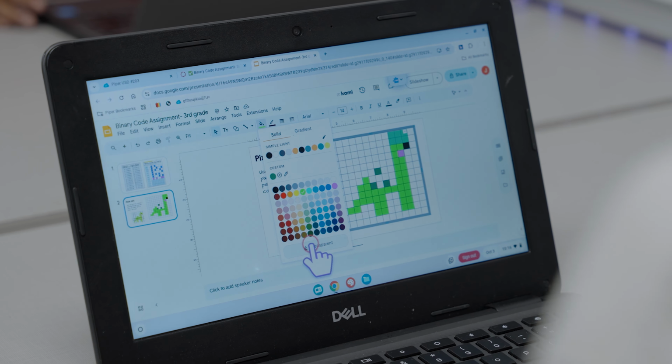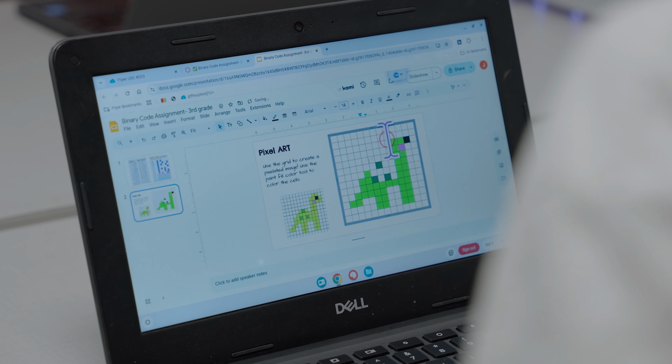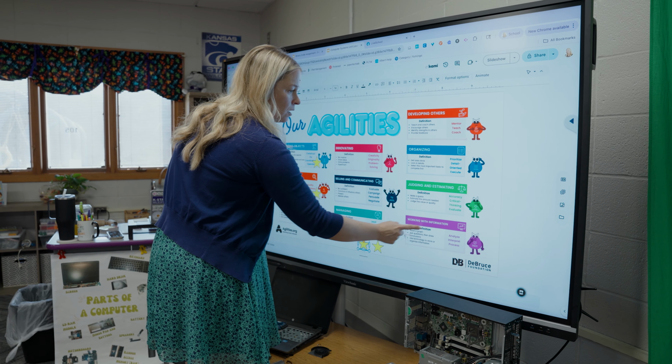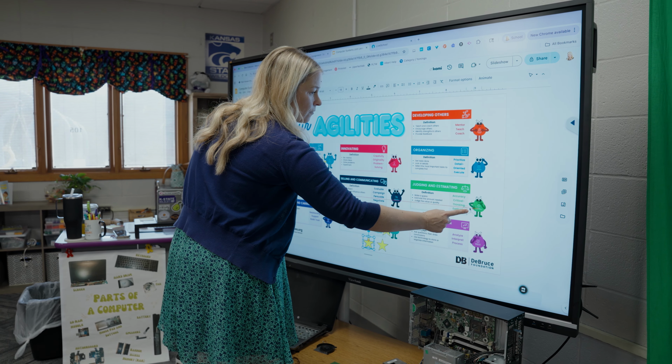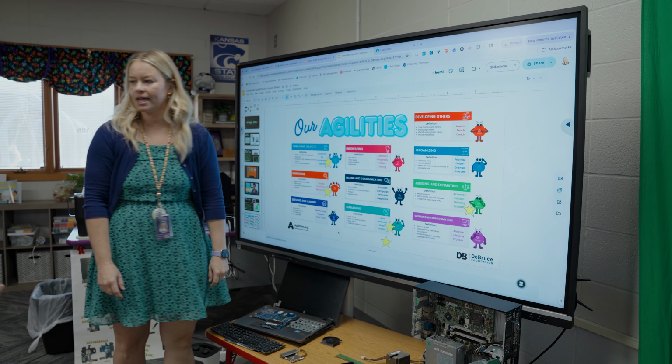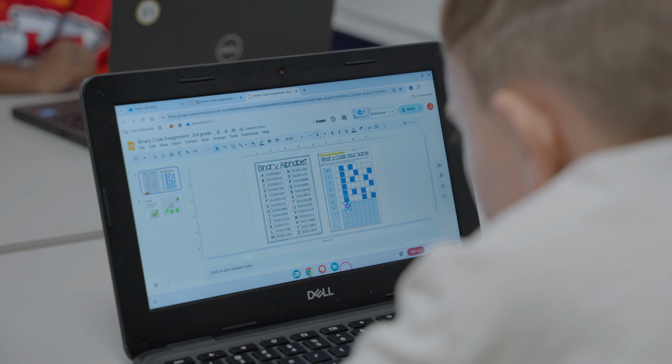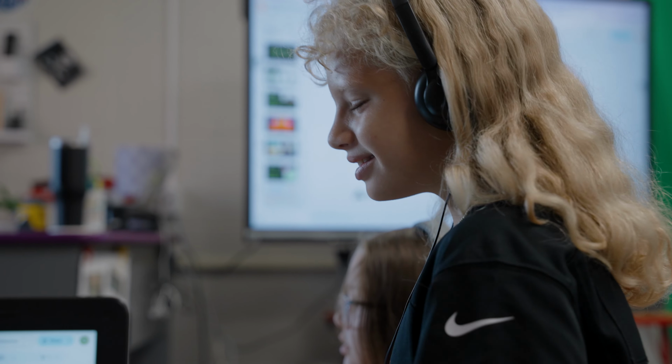And then after the lesson, we came back as a group, we sat and we talked about, were we right, were we not right, what Agilities did we actually use, were there ones that we forgot about. So it was really cool because they got to see how using their Agilities came together just for this one lesson where they had to pinpoint and work out what binary code was.